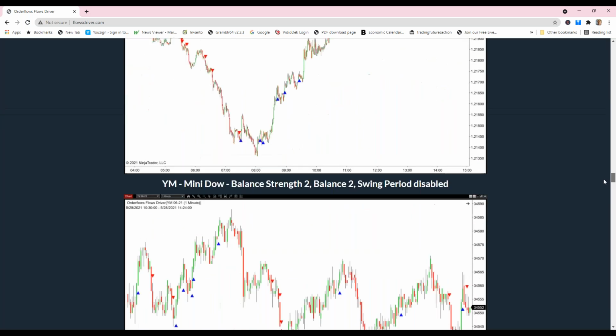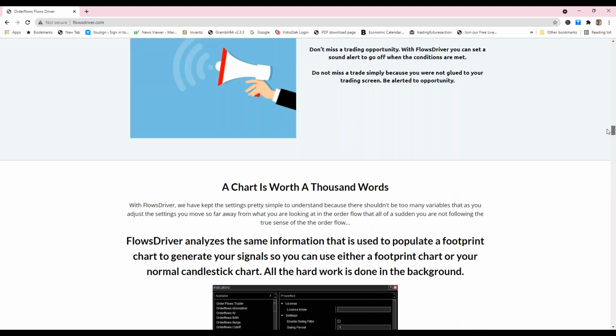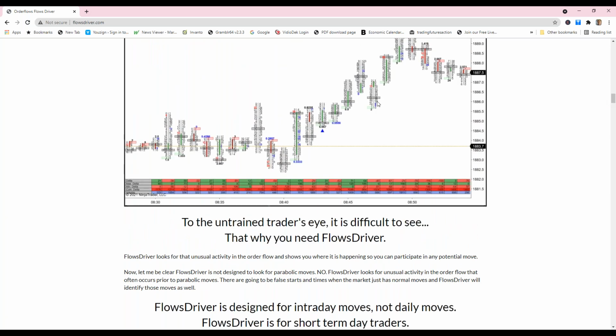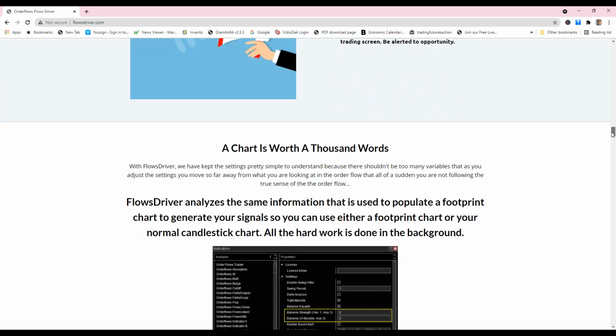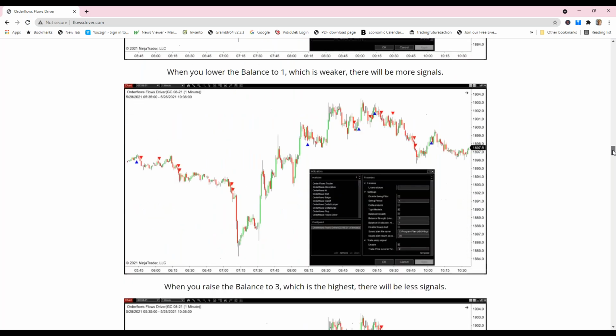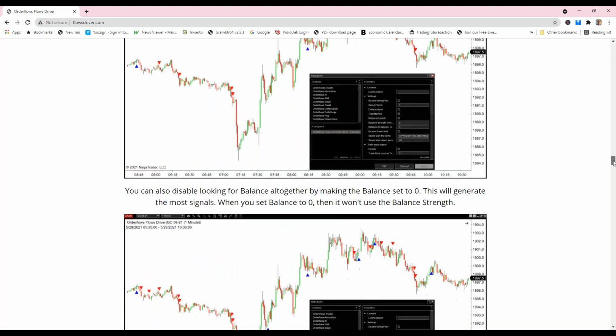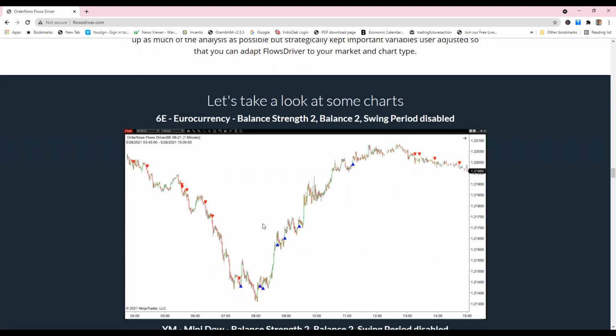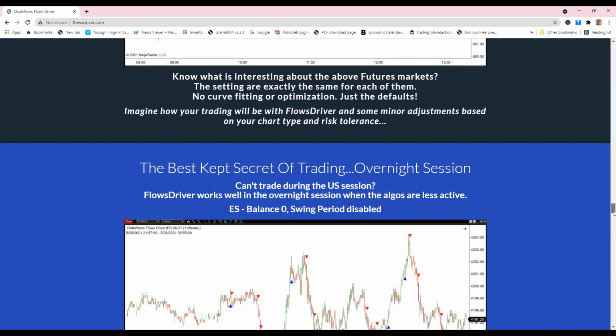I create a lot of these tools to replace what you're seeing. Again, not everybody wants to use a footprint chart, right? I get that. And not everybody wants to spend the time to understand what's happening on the footprint chart. That's why I create tools like this, to replace the analysis you'd be doing on a footprint chart, so you can see it on your screen.